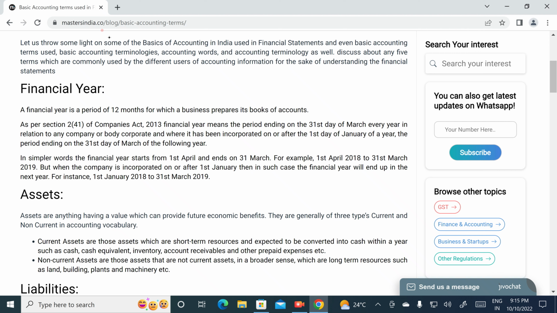There is no hard and fast rule about the 12 months we will take, but in India generally it is from the 1st April to 31st March. So this period of 12 months is known as the financial year or the accounting year.